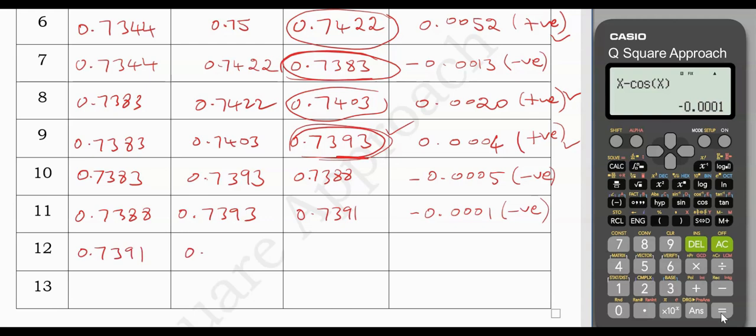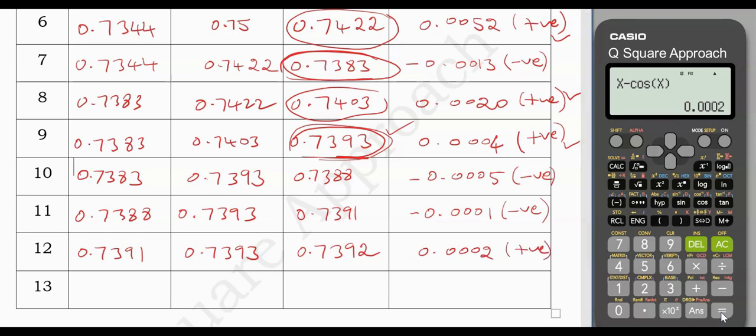So 0.7391 and 0.7393. From the calculator, A is 0.7391 and B is 0.7393 and 0.7392, and the function value is 0.0002.